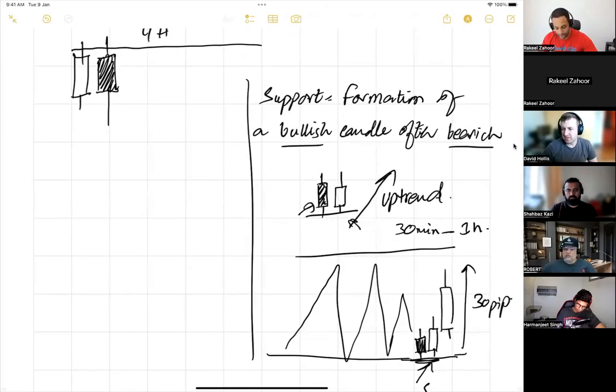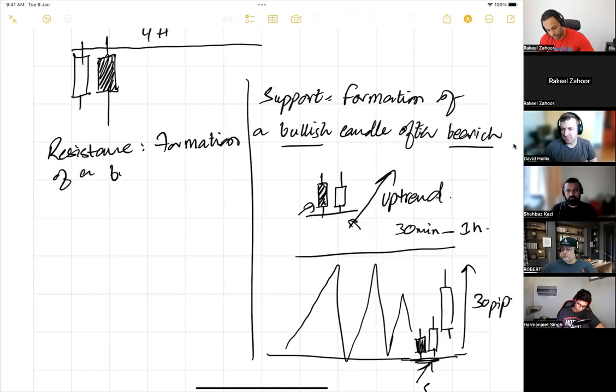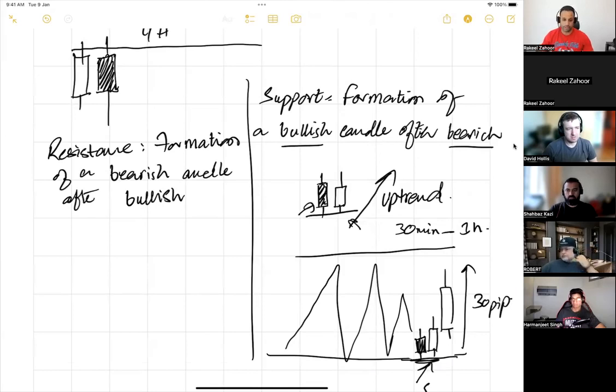In the same instance, let's say you have a resistance. A resistance is basically the opposite. A resistance is the formation of a bearish candle after a bullish candle. This is your resistance.